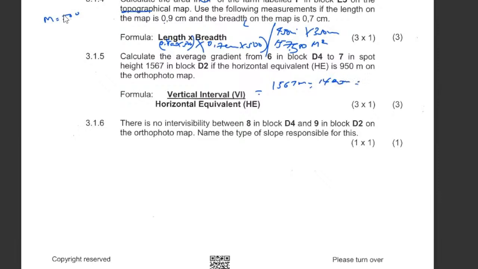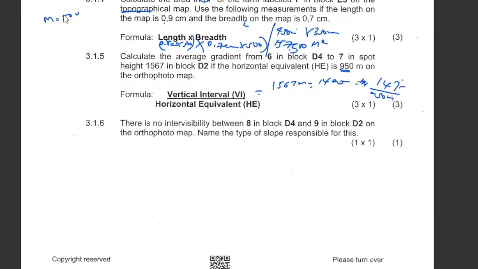What's the answer? The answer is 147. Okay, 147. So the horizontal equivalent is already given, 950 meters. So you divide this by 950 meters.